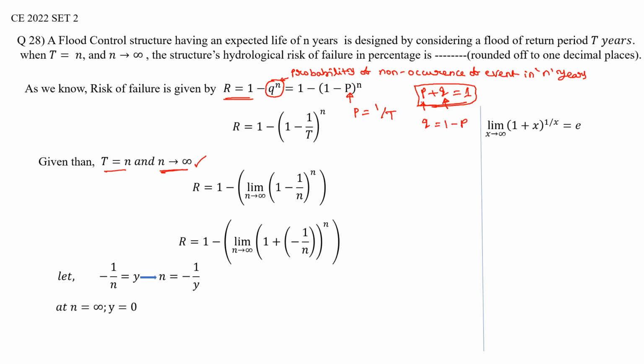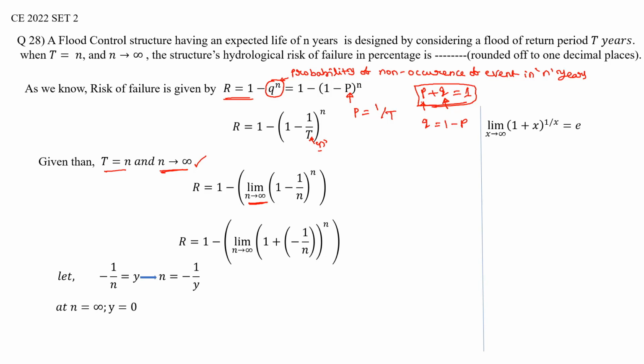What we do now is we'll do some trick here. We replace t with n. So it will be limit n tends to infinity, 1 minus 1 by n, whole power n.